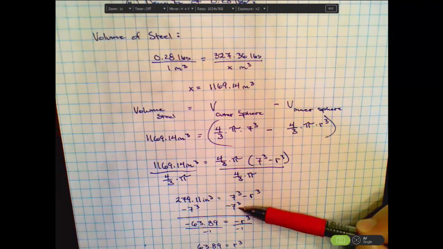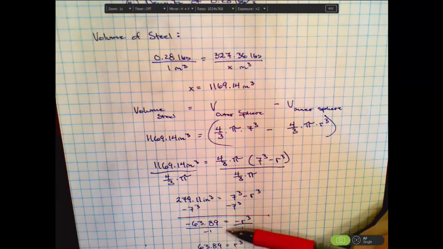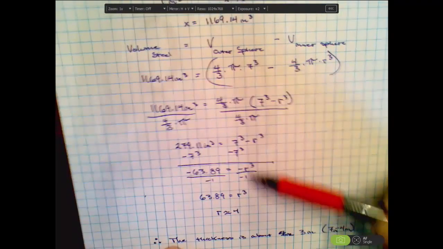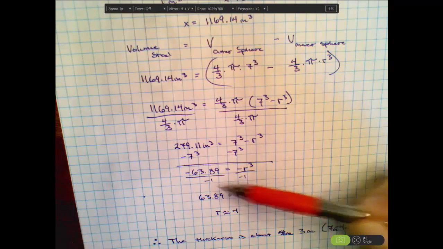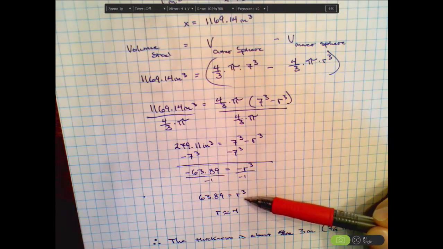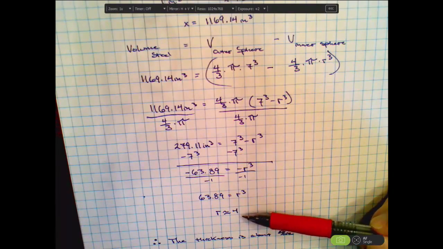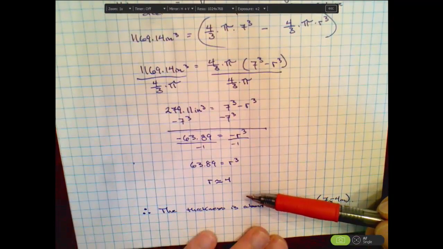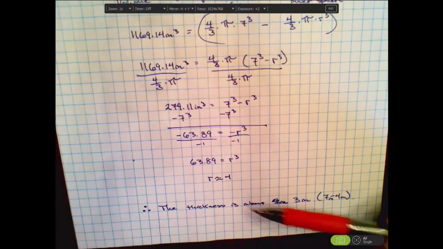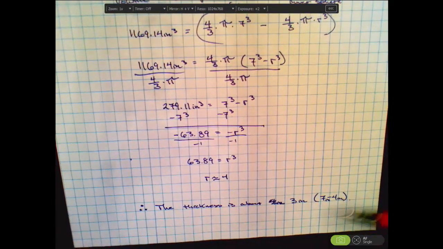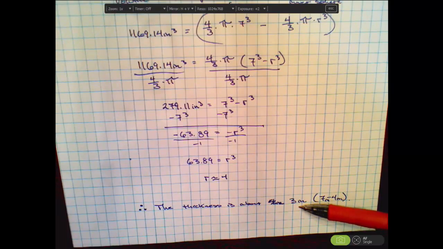I subtracted both sides by 7 to the 3rd power. And then I undid multiplying by -1 here by dividing by -1. And then took the cube root of 63.89, and I got approximately a radius of 4. Okay, so if we knew that the radius of the outer layer was 7 and the inner layer was 4, that means it has a thickness of 3 inches.